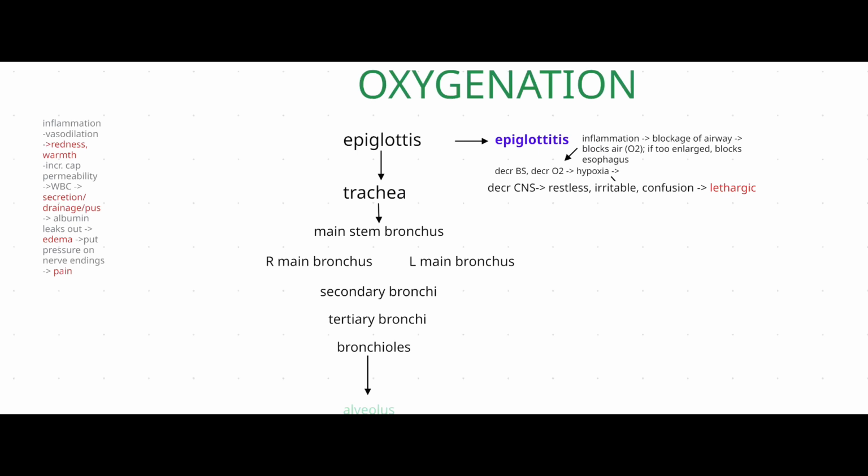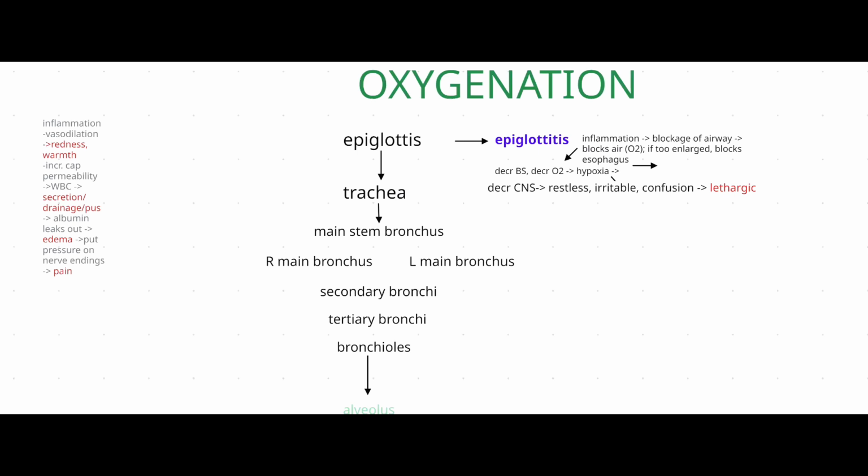Now, the other issue with epiglottitis is the blockage of the esophagus. So when the esophagus is blocked, what is the patient not able to do? Swallow, okay? So how do we know that the patient is not able to swallow? There's drooling and gurgling, okay?